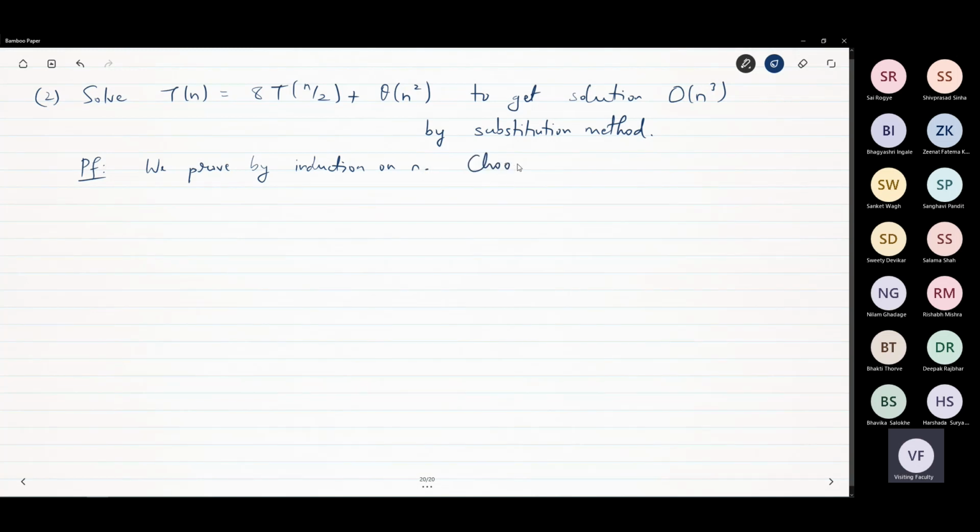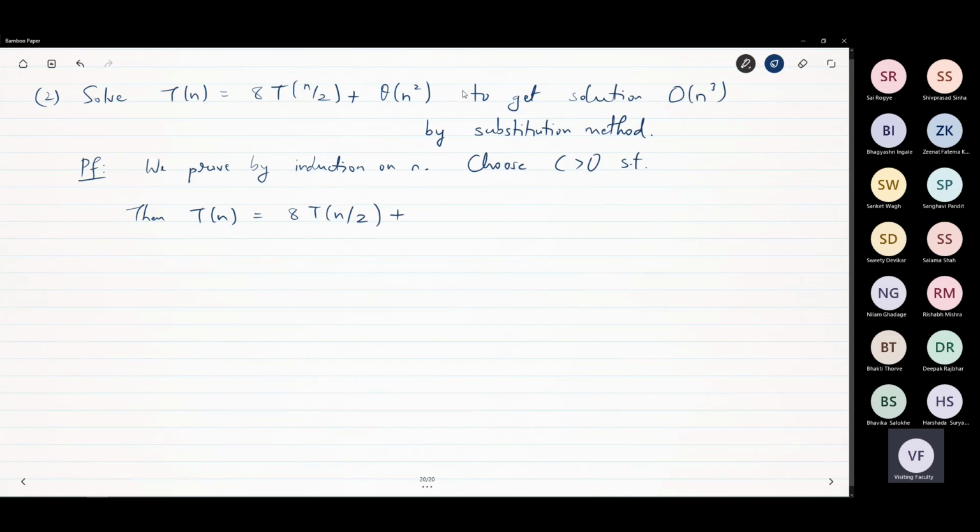You have to choose a constant C greater than 0 such that something should happen, which we'll choose later on. Then T of n is equal to 8 T of n by 2 plus something.